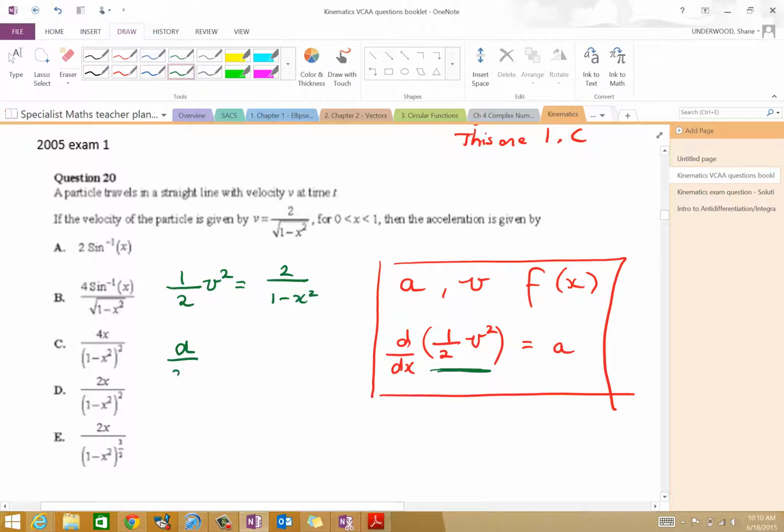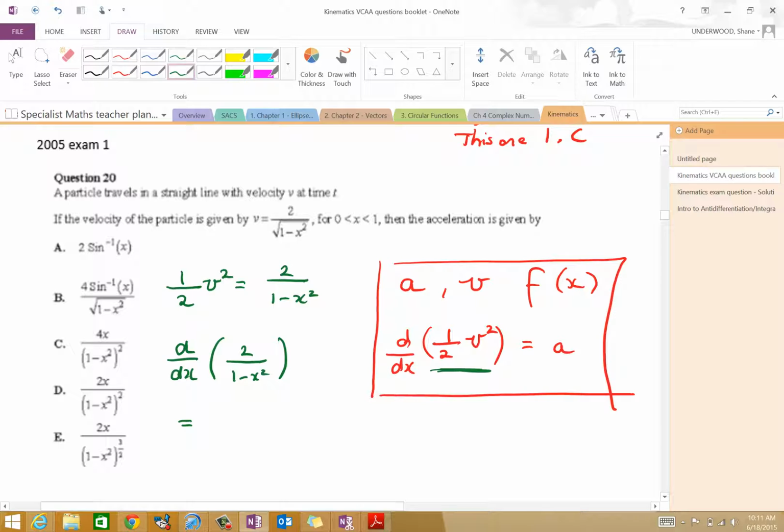Now, what's the derivative with respect to x of 2 over 1 minus x squared? Well, I guess you just have to do that the good old-fashioned way, don't you? I could do the chain rule, the product rule, or the quotient rule. Well, I'm just going to do derivative of 2 is 0 times that, so that's going to be that.